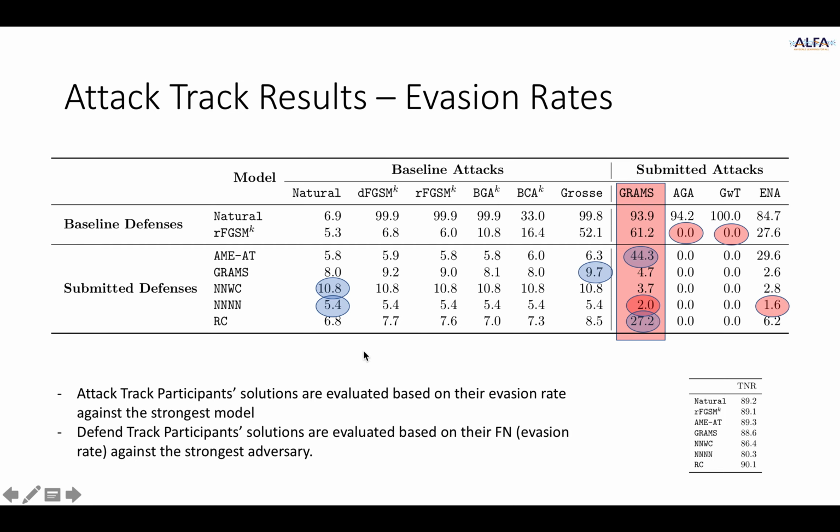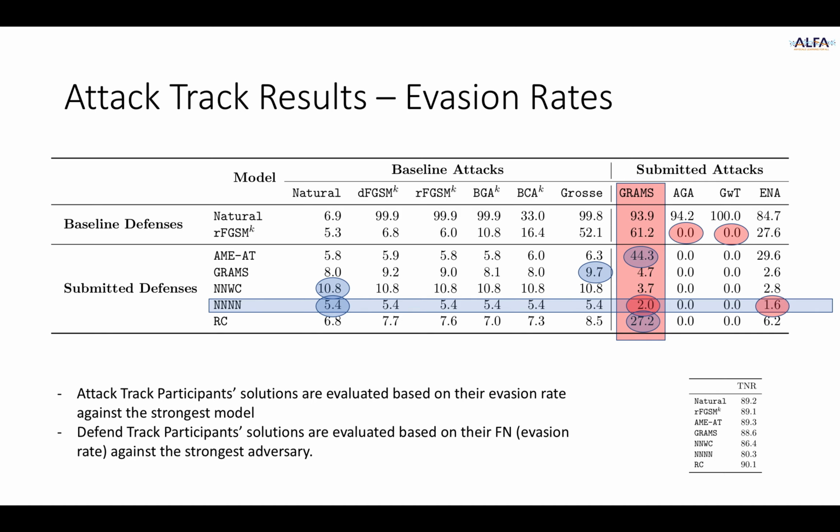And so the one that has the least worst evasion rate is the non-negative neural network model.